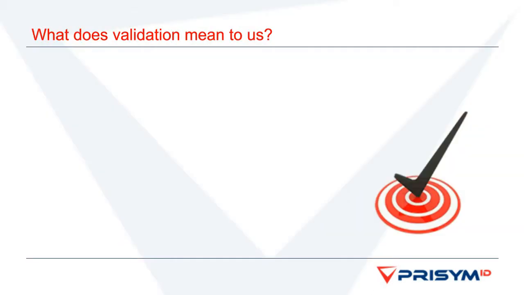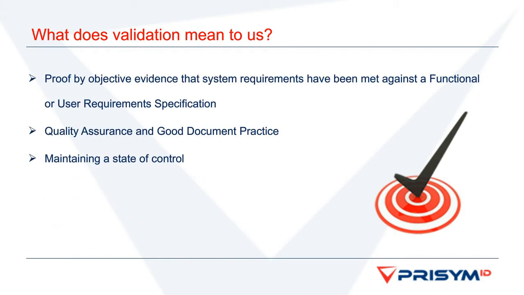So, what does it mean to us? Firstly, we as a supplier need to establish what validation really means in relation to computer systems validation. And this can be summed up as proof by objective evidence that a system's requirements have been met against a functional user requirement specification.